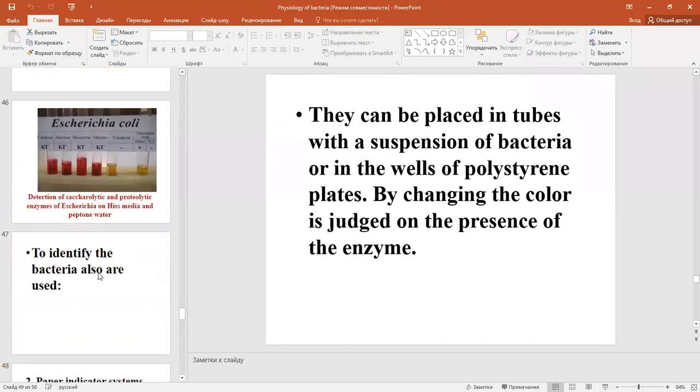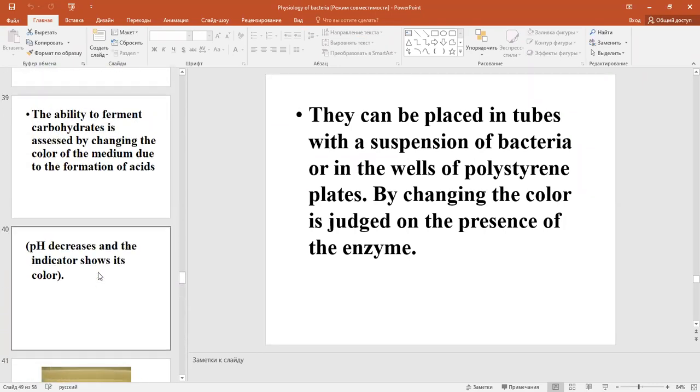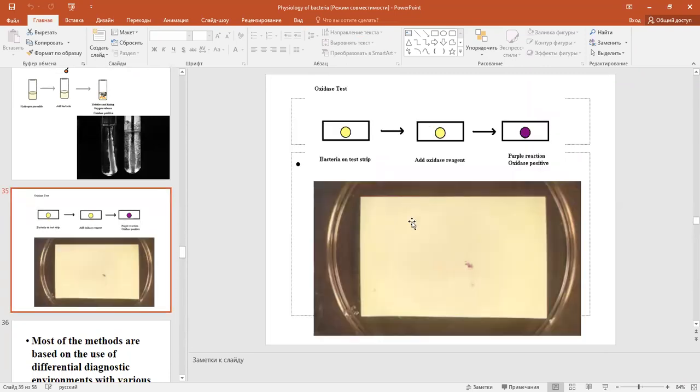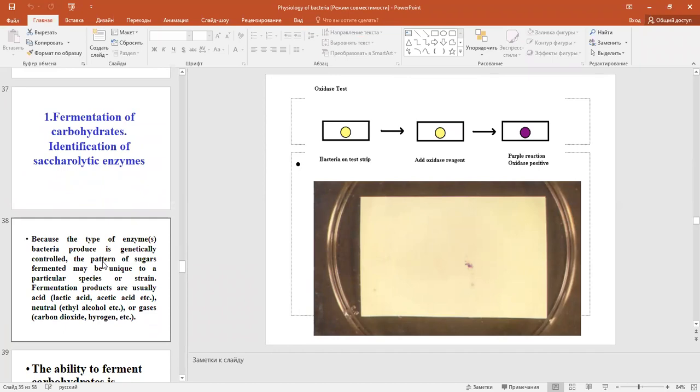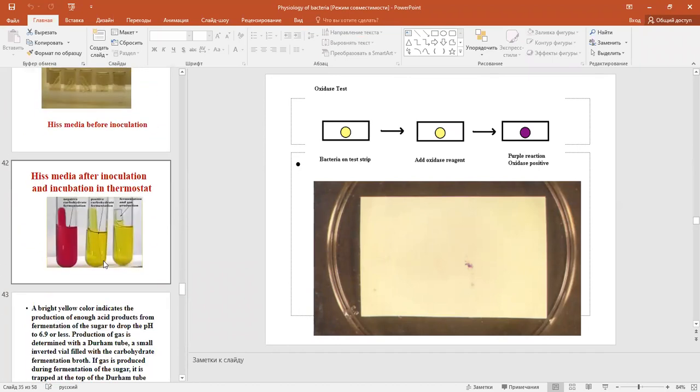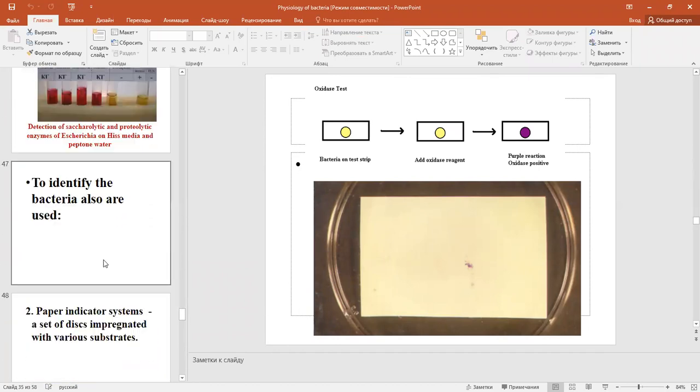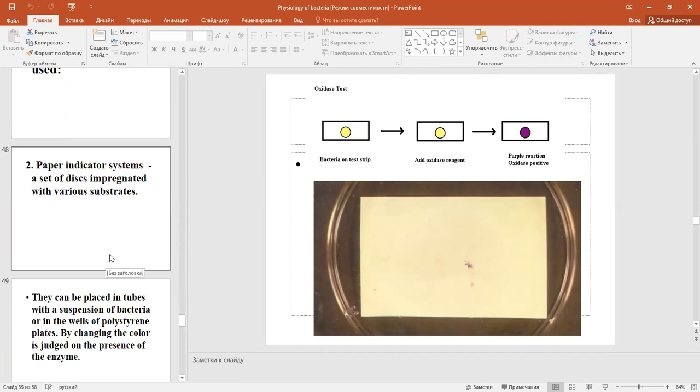I also showed you paper strips impregnated by some substrate and indicator, and again because of the change of color it is possible to detect the enzyme. Nowadays polystyrol plates are used, named microtests.